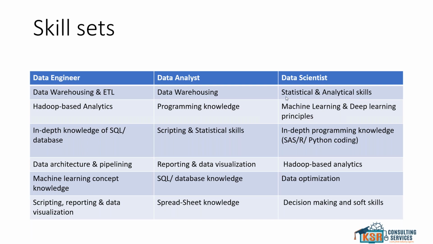So in our course, we are extensively going to cover statistics, machine learning, and deep learning algorithms. In order to perform machine learning and deep learning, you need programming knowledge. These are the three tools heavily used and popular in the industry: SAS, R, and Python. But 95 to 98% of the market is occupied by Python.